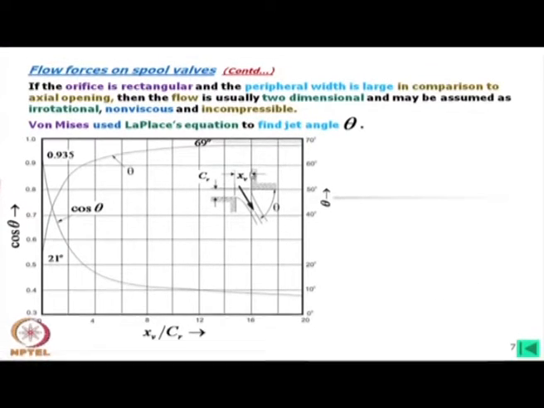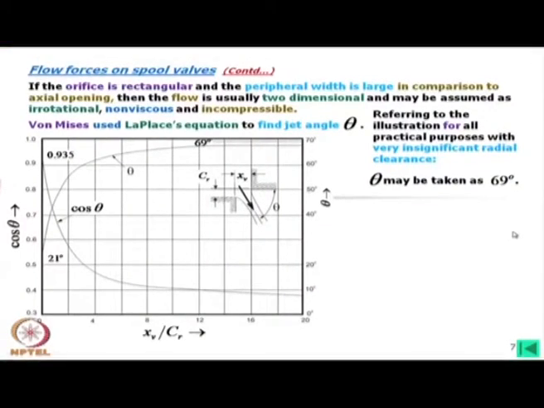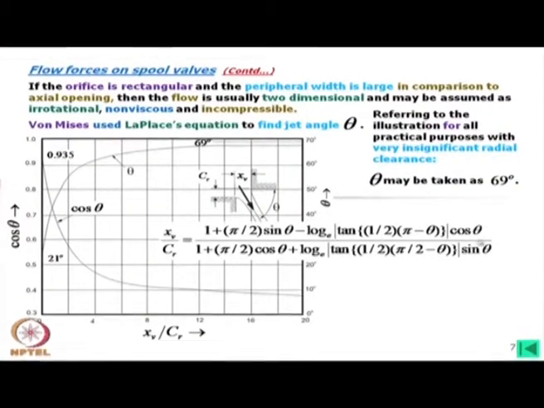You can see what x_b is here and what c_r is here. Now we consider the radial clearance insignificant, because 25 micron is very small, and we will take 69 degree, which I have explained already.